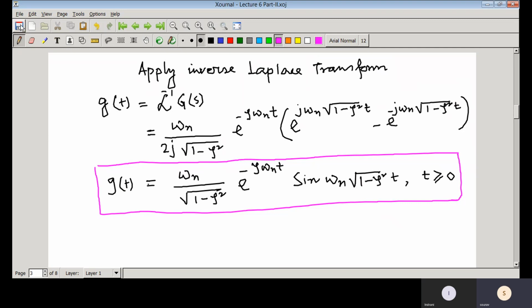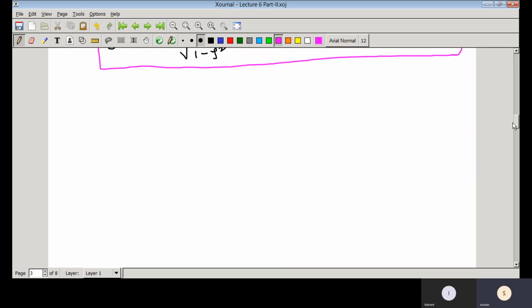Now we will be solving some ordinary differential equations, and we will consider two cases. One is the first order system, and the other is the second order system. I hope you have learned first order and second order systems in your signals and networks course. First order systems means you can represent that system using a first order differential equation. For example, if you have an RL circuit, you can represent it in first order differential equation form.